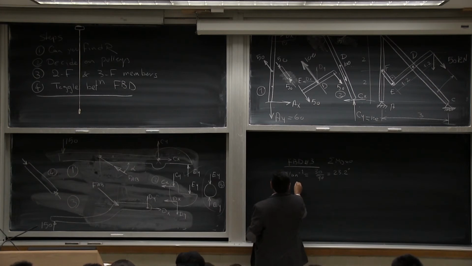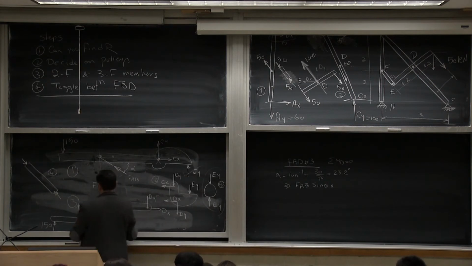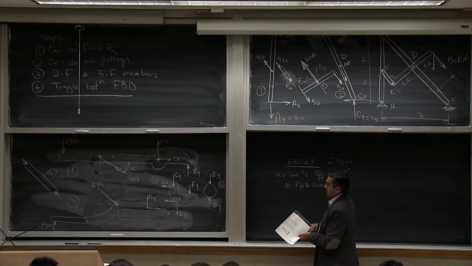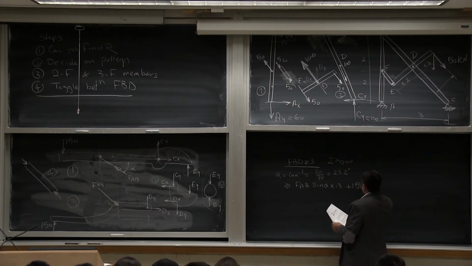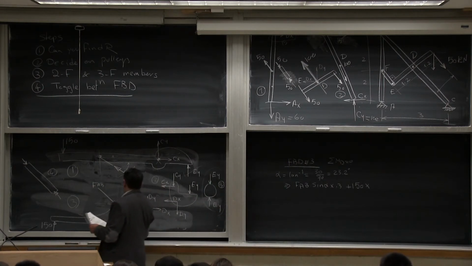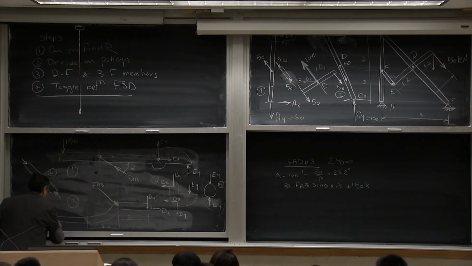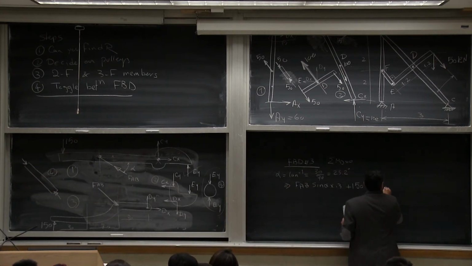So FAB sine alpha multiplied by 30 by 0.3, and this is going this way, it's negative, plus 150 multiplied by 30 and another 30, so 1.3, equals 0.